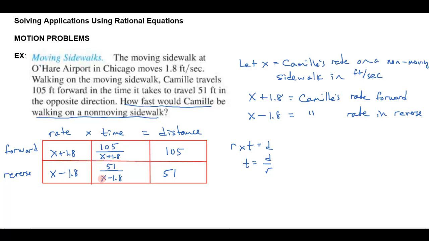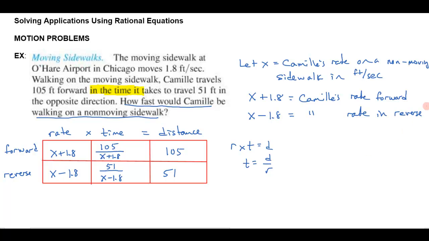Notice that it says up here that she goes the 105 feet forward in the same time that it takes to go 51 feet in the opposite direction.